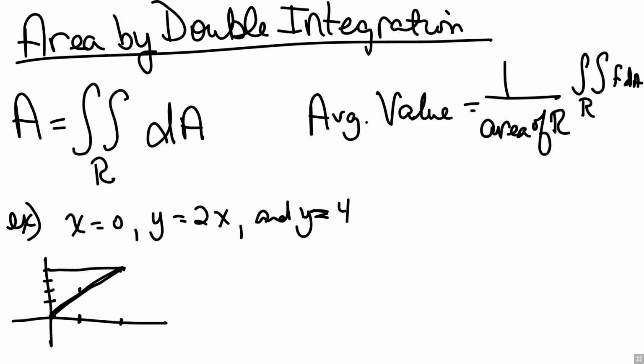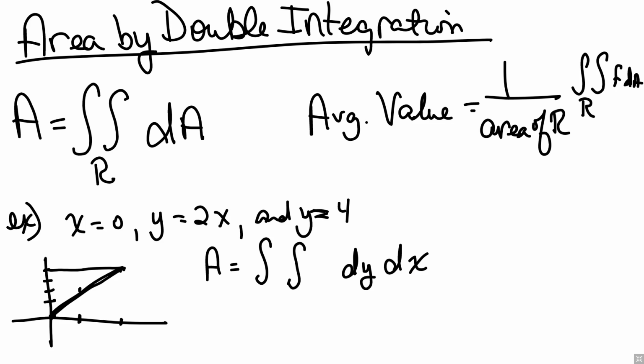So the area is going to be the double integral. Now we have to figure out which variable to do first, x or y. It doesn't really matter in this case. Suppose I want to do dy then dx.